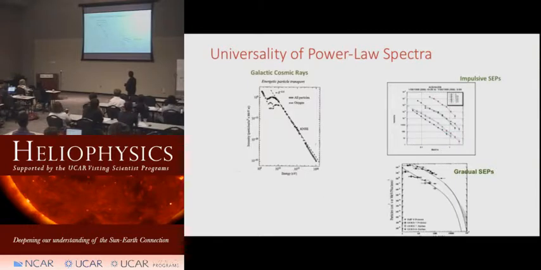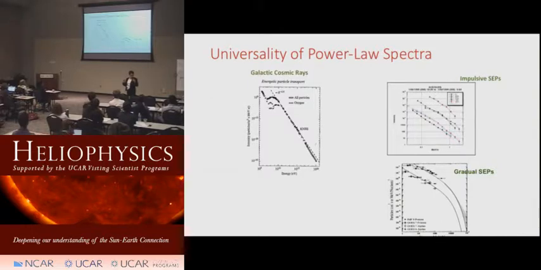Okay, coming back to the power law. Let's do the power law again. There is a universality of power laws, from galactic cosmic rays that extend for decades in energy to SEPs, we call them, this is jargon, impulsive. You think there's a reconnection process happening, boom.